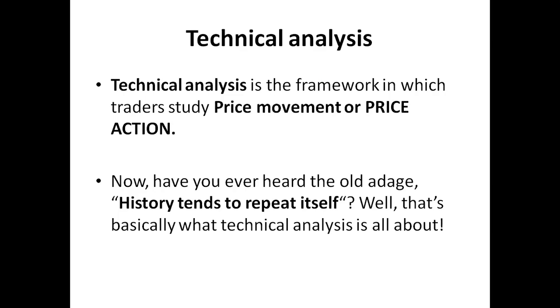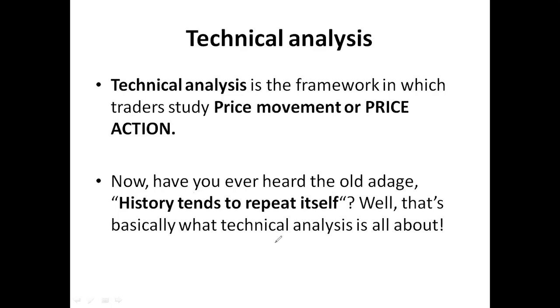It is believed that if last year price reached a certain level and then it fell, let me draw something for you to see. Those watching the chat, I know you need to watch the chat. So let me just draw something. So history tends to repeat itself. That is all about technical analysis.